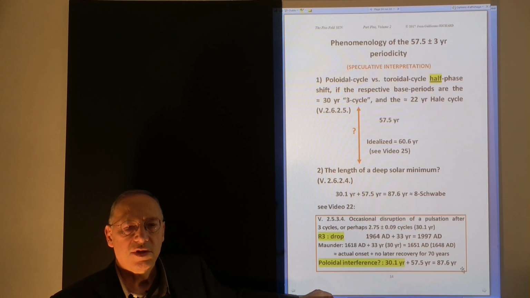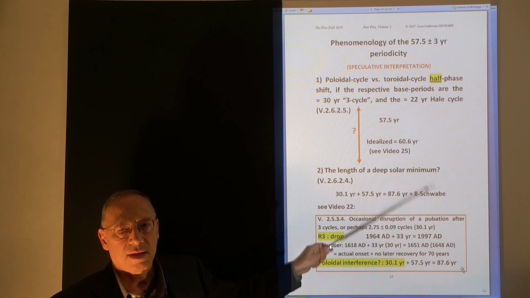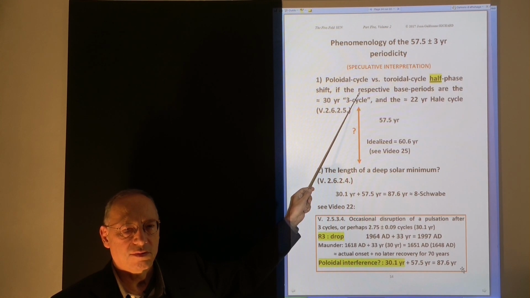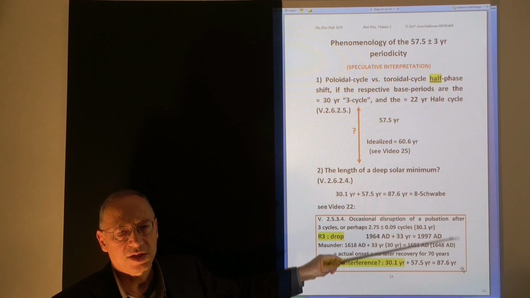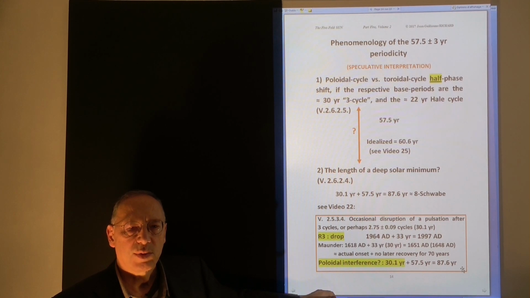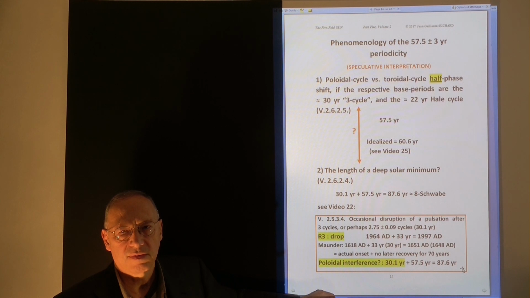The phenomenology of the twice 30-year period is only a speculative interpretation here. We have nothing in terms of hard evidence to support any phenomenology. It can be interpreted, as introduced in video 25, as a half-phase shift in the length relation between the poloidal cycle to discuss today and the toroidal cycle introduced in the previous video.